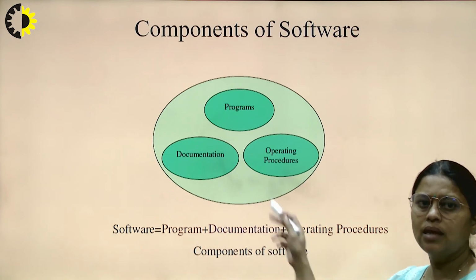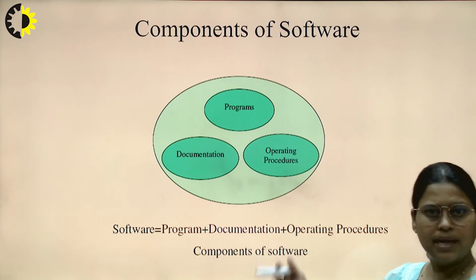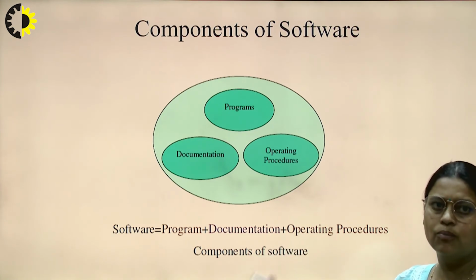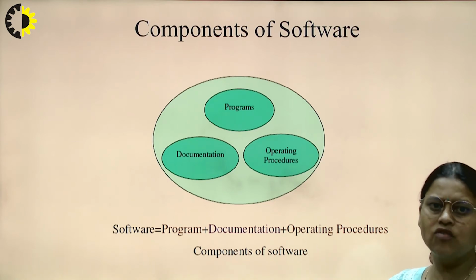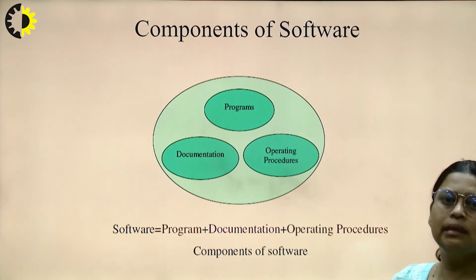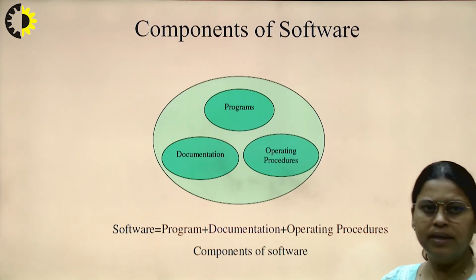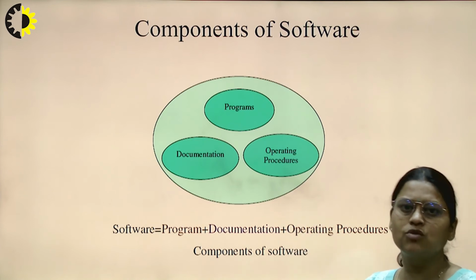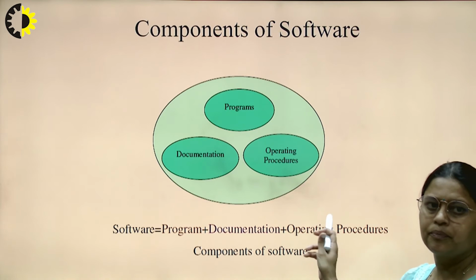These are the basic components of software. A program is a collection of instructions, or a set of instructions. Documentation means things like user manuals. And operating procedures are the procedures we follow for the implementation of software.